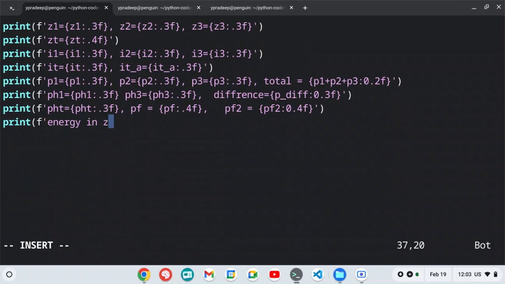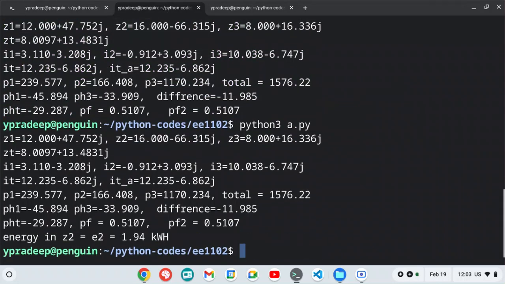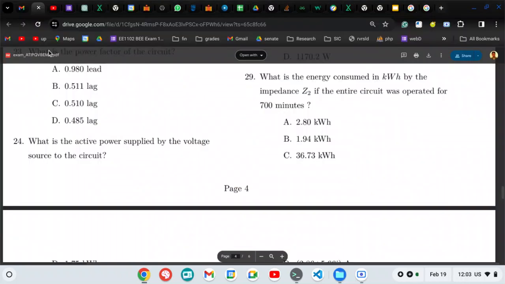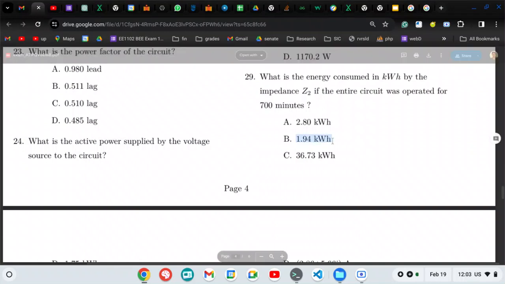Energy in Z2, kWh. So 1.94 is the answer. Let me go for more decimals. I already have it here, 29. I think this is the answer.